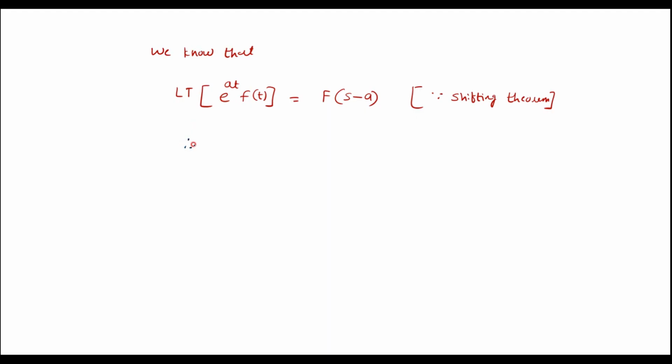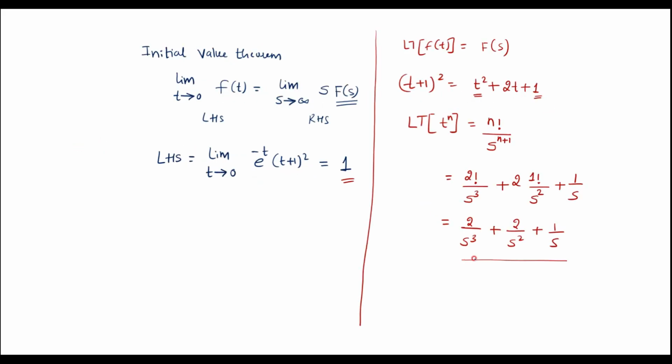So therefore, let me calculate Laplace transform of given function, that is e power minus t, t plus 1 whole square. So here if we compare with this expression, we can see that value of a is equal to minus 1, and already we have found Laplace transform of t plus 1 whole square. So this is the Laplace transform of t plus 1 whole square.